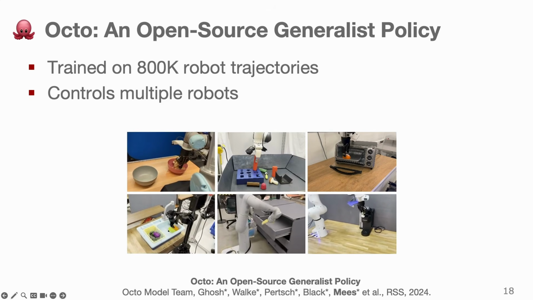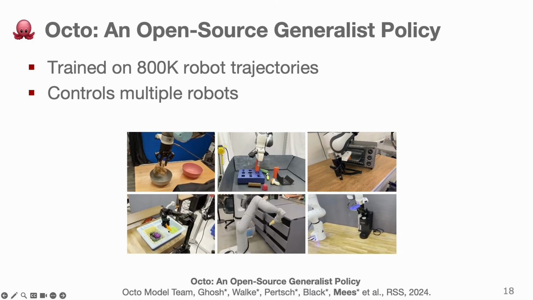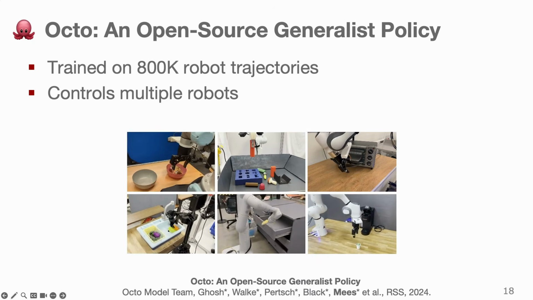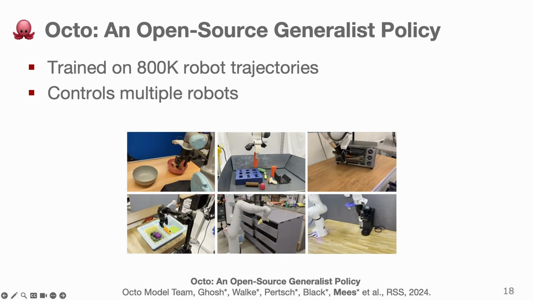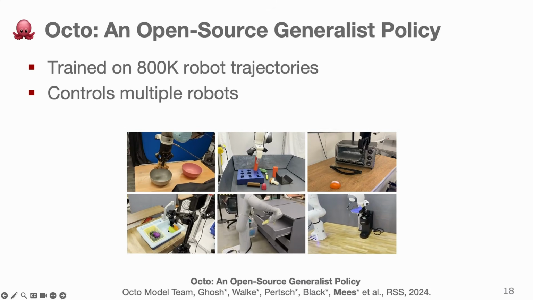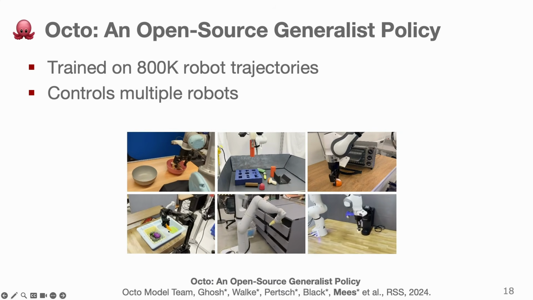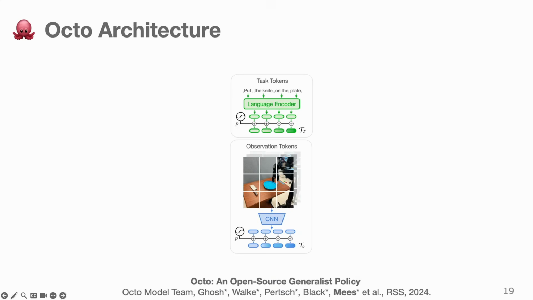And here, similar to the Gato paper that Scott Reed talked about last week, the main idea is that you tokenize all this diverse heterogeneous input and action outputs and train this large transformer, right?